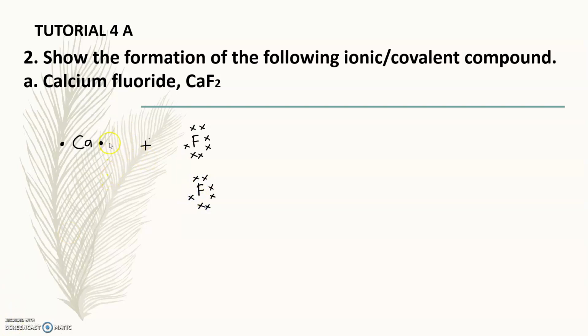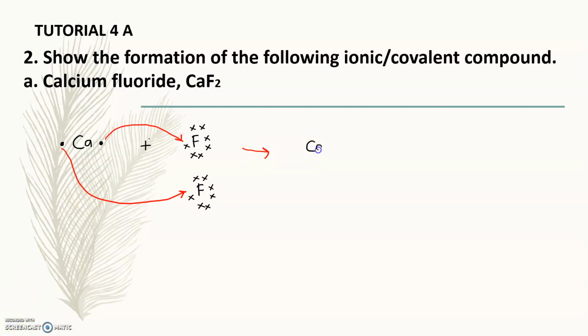So here, calcium has 2 valence electrons. 1 electron will be donated to 1 atom of fluorine. Here, another valence electron from calcium is donated to the other fluorine, and then it will form an ionic compound.